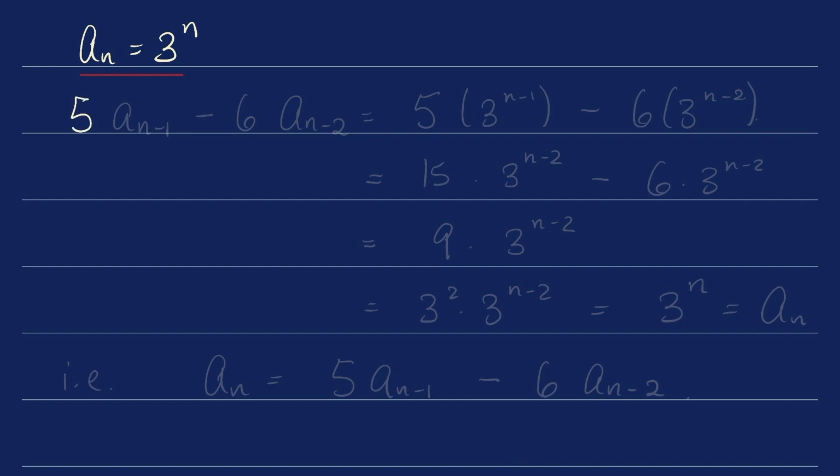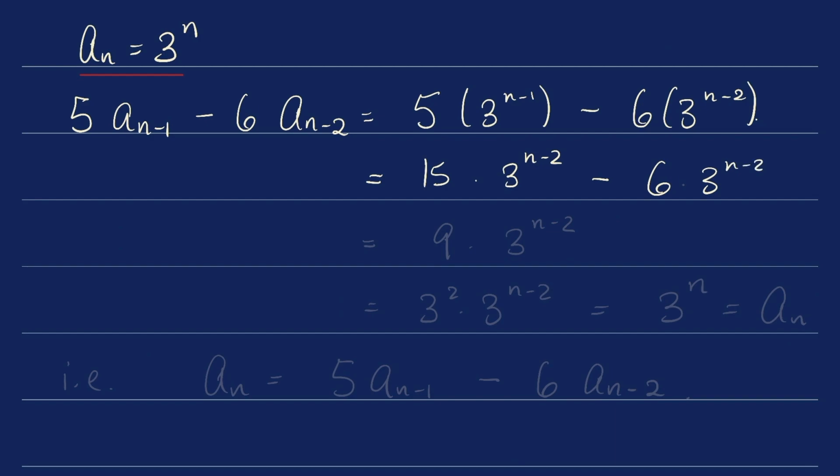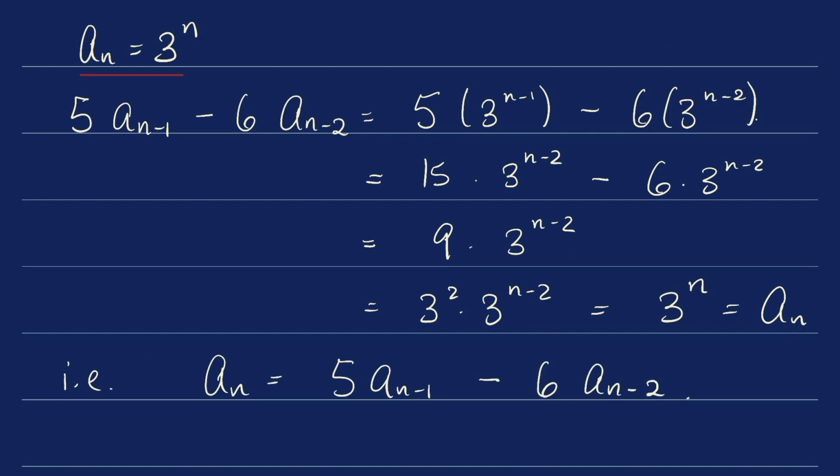This means that 5 times a_(n-1) minus 6 times a_(n-2) is going to be equal to 5 times 3^(n-1) minus 6 times 3^(n-2). If we do the algebra, we end up with 3^n, which is a_n. That is, a_n is equal to 3^n satisfies the recurrence relation a_n is equal to 5a_(n-1) minus 6a_(n-2).